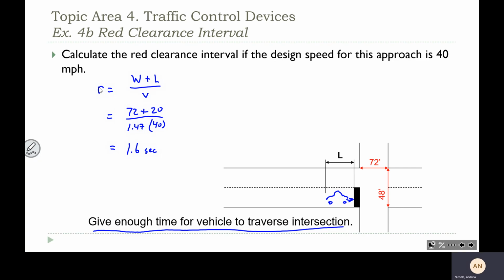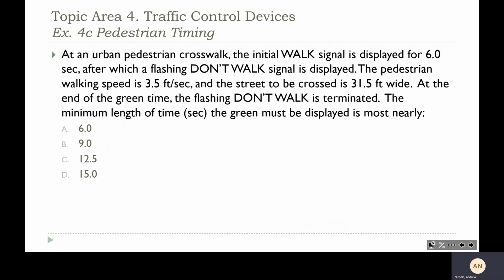All right, so the third one, this will be my first time doing one of these calculations for the pedestrian timing, assuming that we're supposed to use this GP equation, because I've never even seen that equation before. At an urban pedestrian crosswalk, the initial walk signal is displayed for 6 seconds, after which a flashing don't walk signal is displayed.